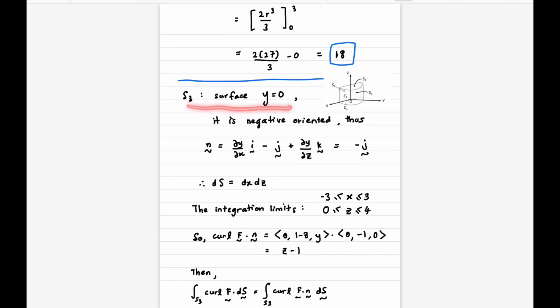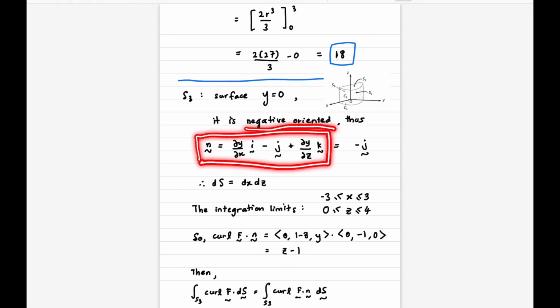For S3, y equal to 0. This surface at the back, you can see here the arrow will be like this. So if you apply the right hand rule, you will get the n pointed here, so it is negatively oriented. So just follow the table using this formula. So you get negative j.